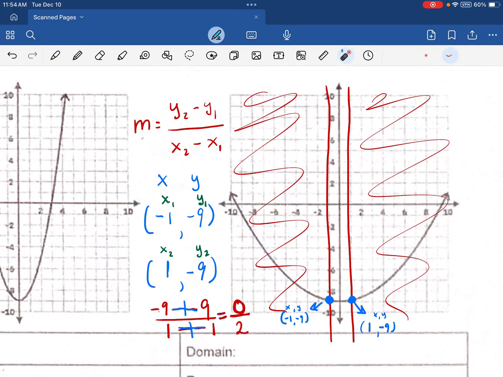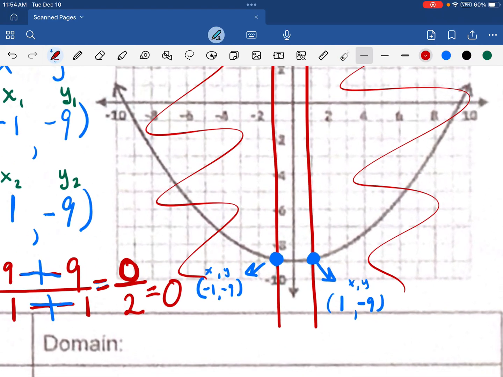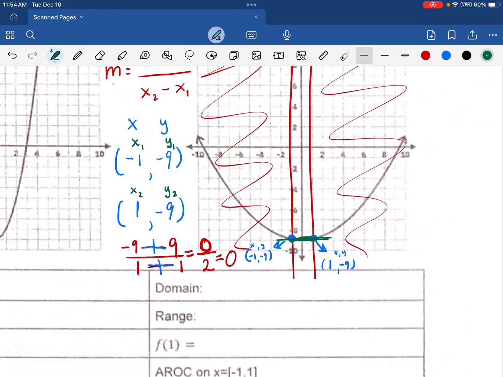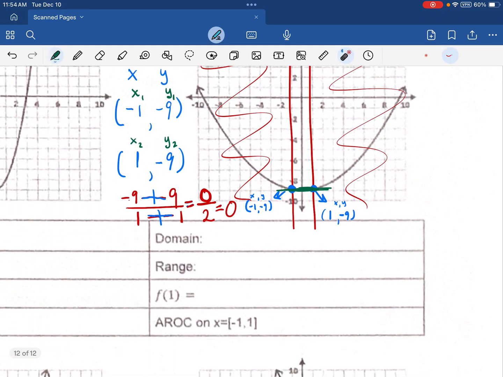Now, if you type 0 divided by 2 into a calculator, you're going to get 0. Now, if we look again right here in our picture, the slope, the average rate of change, right here inside the interval, is a flat line. When the slope is 0, that means it's a flat line.